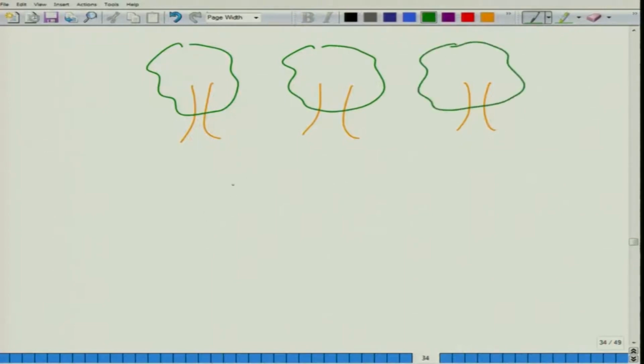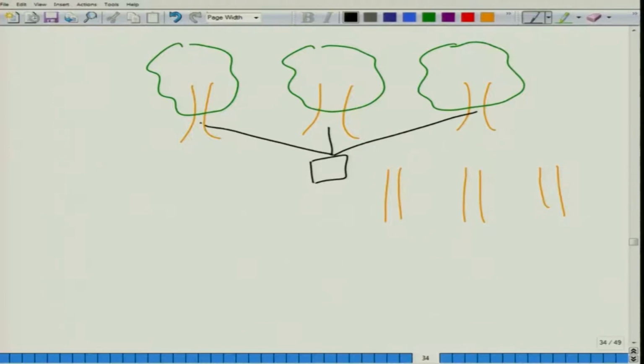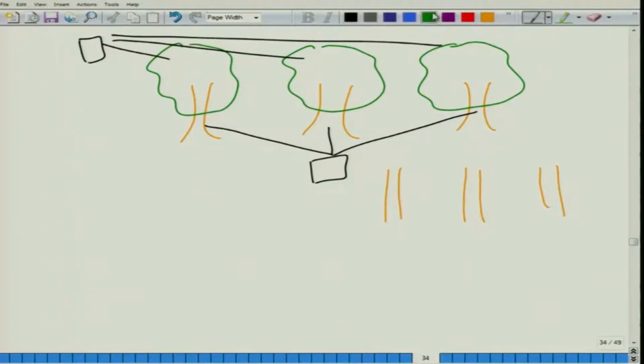If we took a photograph from the front, we would be seeing these bowls. If we took the photograph from this point, we will be seeing these three bowls. Whereas, if we took a photograph from the top, then what we will be seeing are these three canopies that are maybe touching each other.